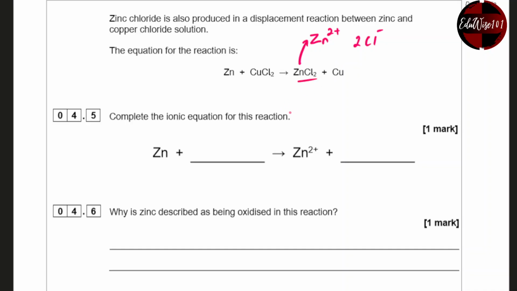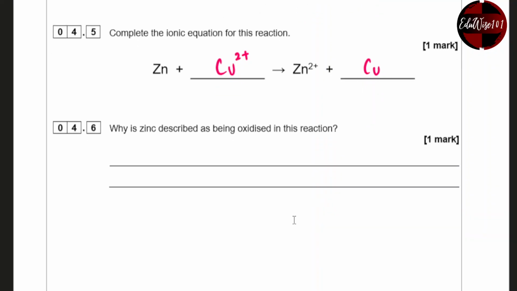So zinc is forming Zn2+, so that means the copper should be accepting those 2 electrons. So Cu2+ forms copper.